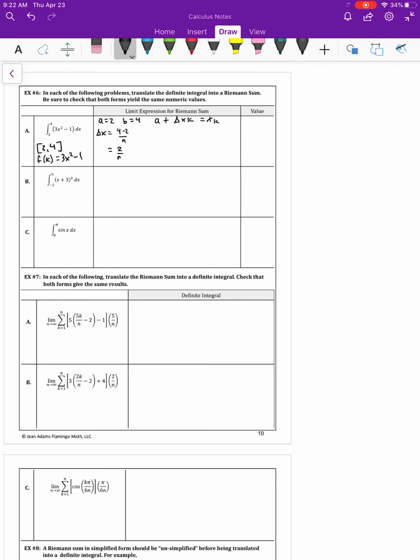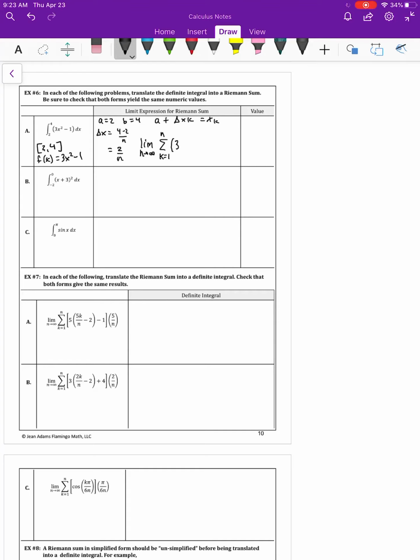I know what my f of x is: my f of x is 3x squared minus 1. And if my a is 2 and my b is 4, and there's my x sub k, my delta x is going to be 4 minus 2 over n. So that's going to be 2 over n.